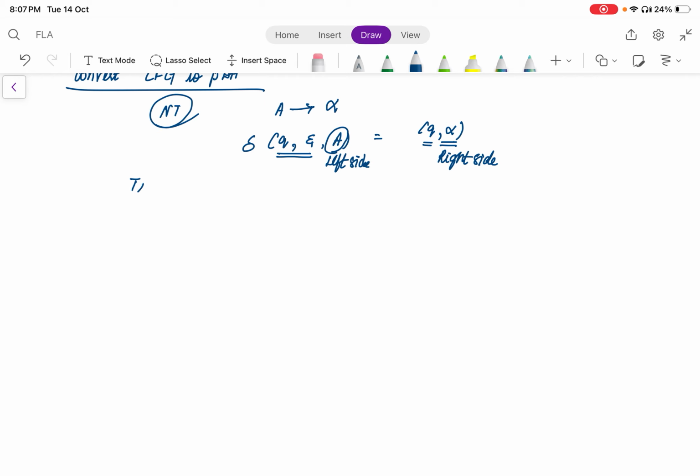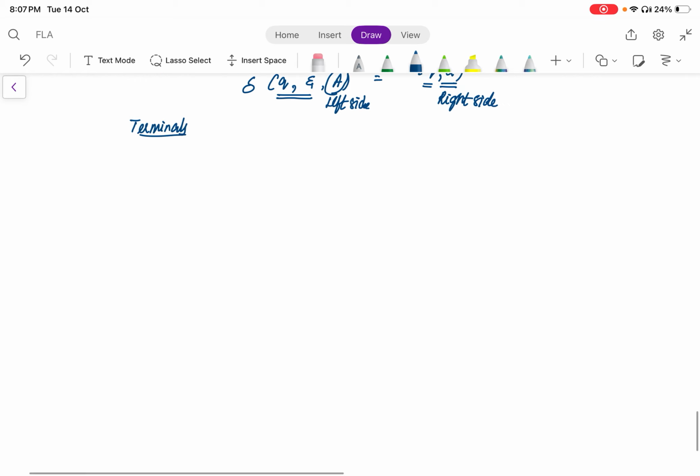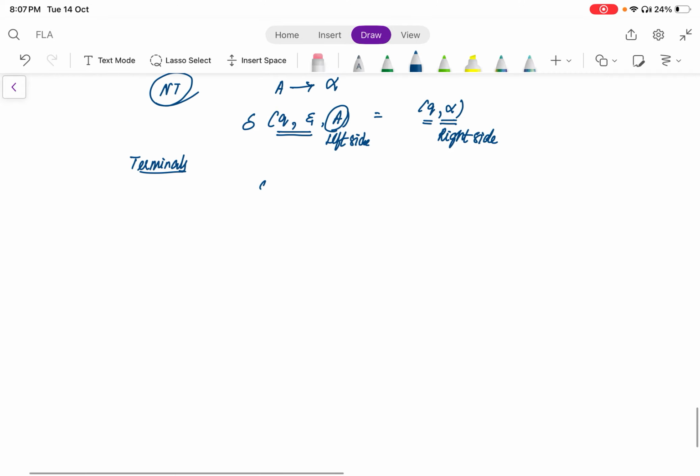Now for the terminals. Okay, how will you change for the terminals? It is just delta of Q comma A is equal to Q comma epsilon. Okay, this is your input symbol, right?